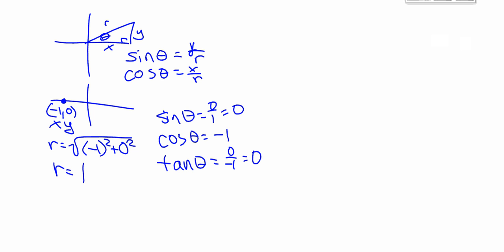So now, I'm just going to flip them all upside down. When I flip that one upside down, I have an issue, don't I? It's -1 over 0, and that is undefined. I can't have a 0 in the denominator of my fraction.